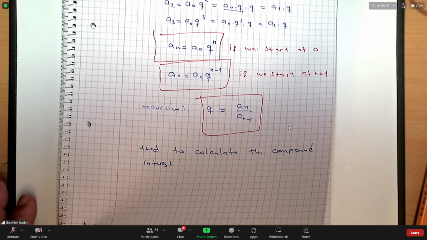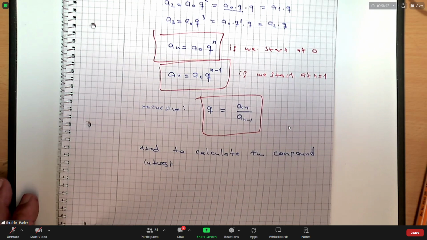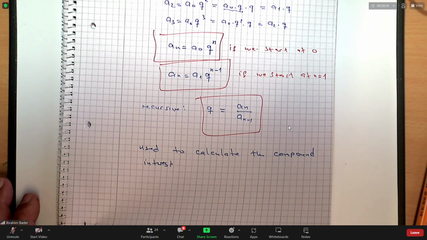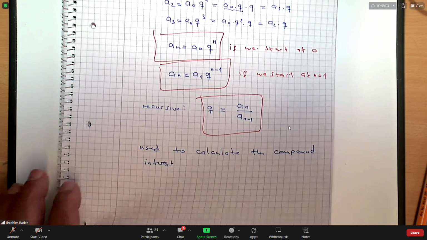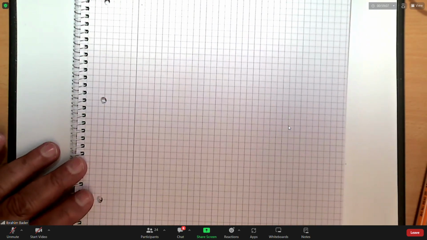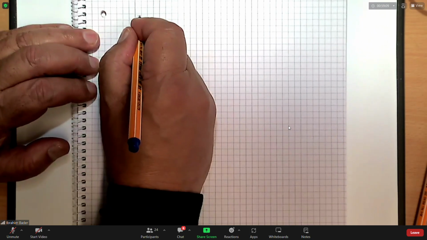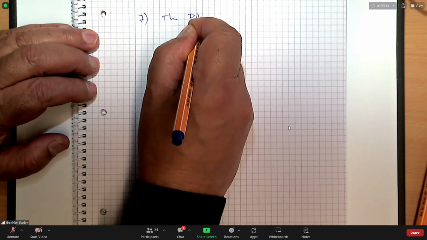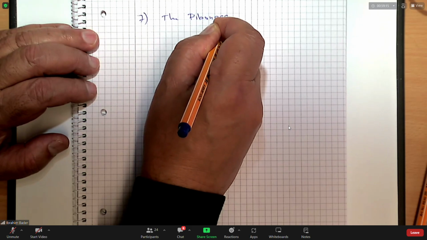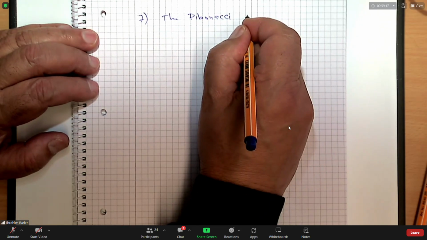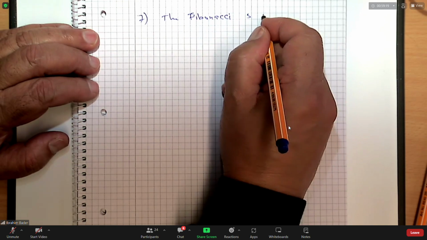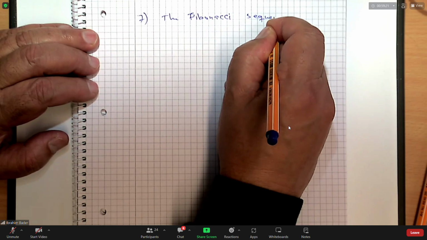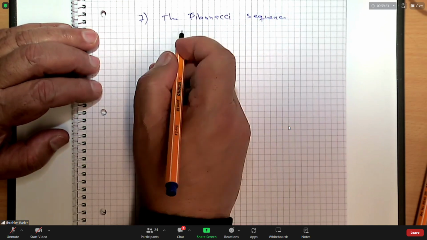Okay, we mentioned actually the Fibonacci sequence. The Fibonacci sequence and the amazing number.